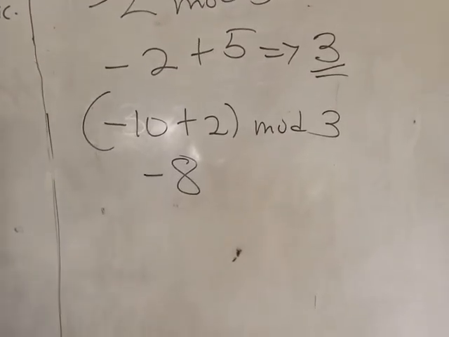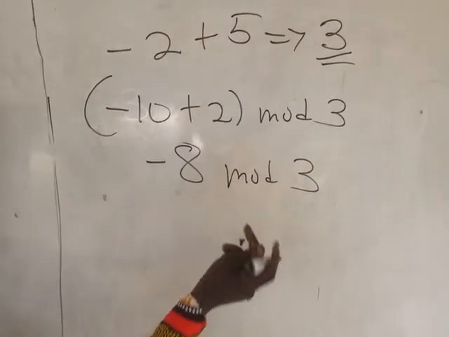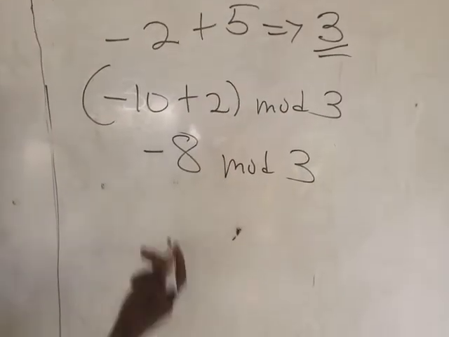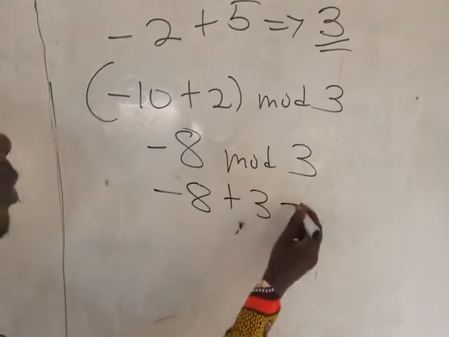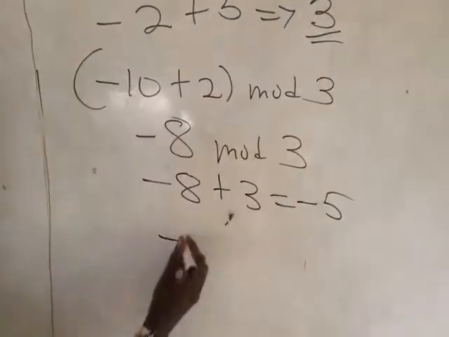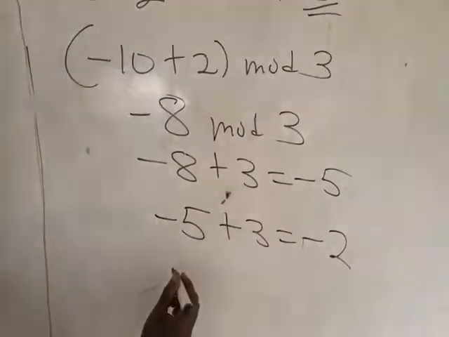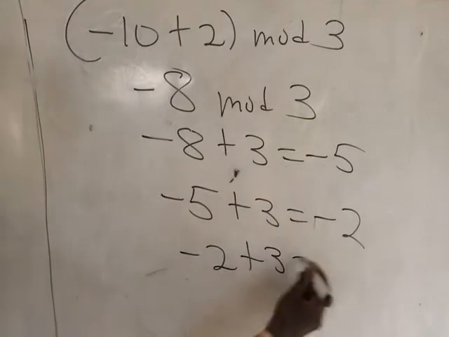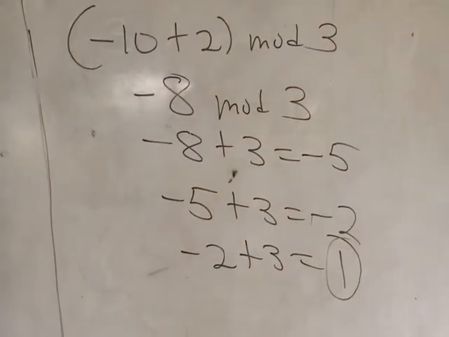Negative 8 mod 3. 3 can't go into negative 8, so it becomes negative 8 plus 3, which is negative 5. Negative 5 plus 3 is what? Negative 2. Negative 2 plus 3, we are getting 1, because we are interested in positive values.